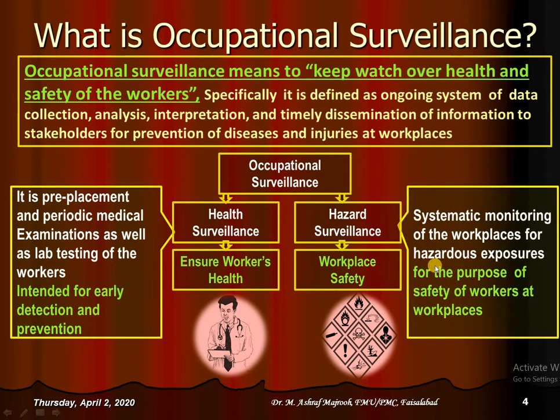And on the other hand, there is the systematic monitoring of workplaces for hazardous chemical substance exposures, and it is intended for the safety of the workers at workplaces. So this surveillance will ensure the safety of the workplace, and this surveillance will ensure the health of the worker. So this is the concept of occupational surveillance.